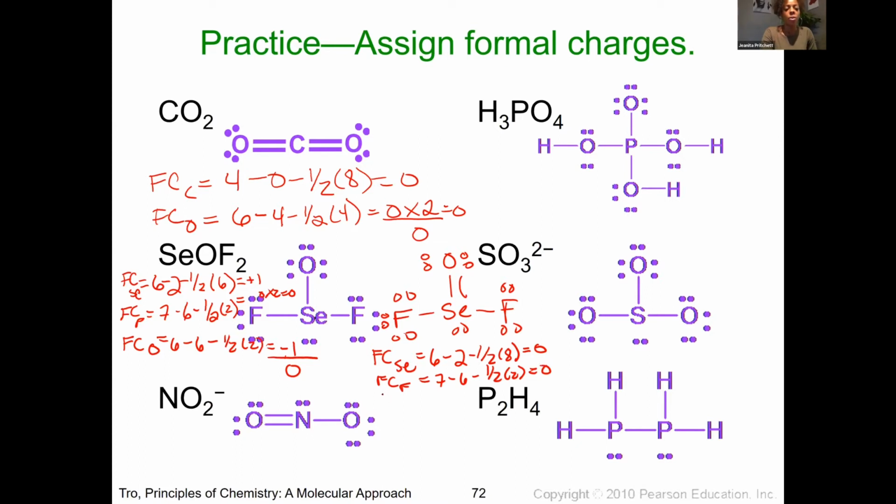And for the formal charge of oxygen, that would give us 6 minus 4 minus 1/2 of 4, or 2, gives us 0. And if we add all that up, we get 0 as well. So which one would be better, right?